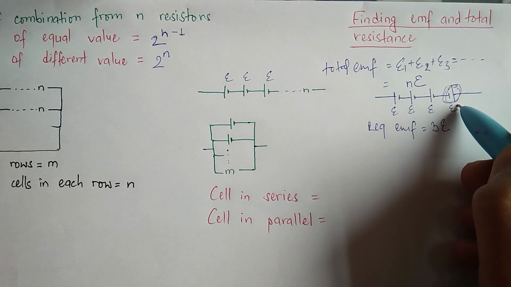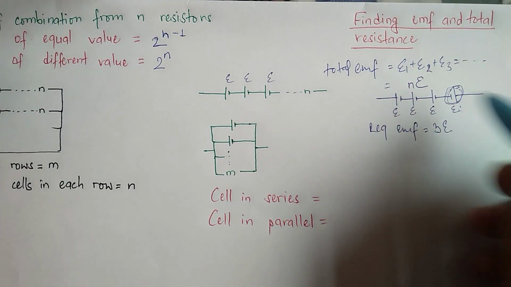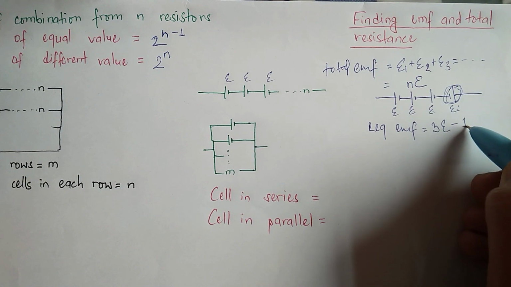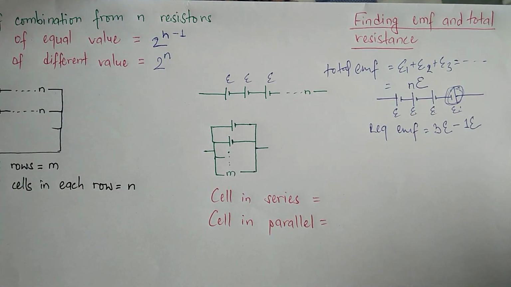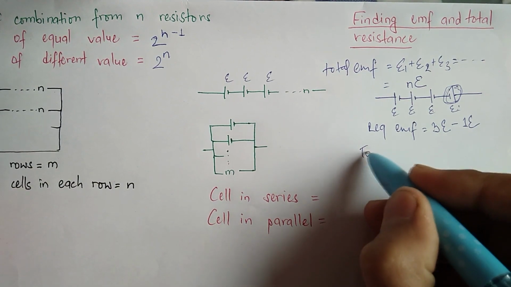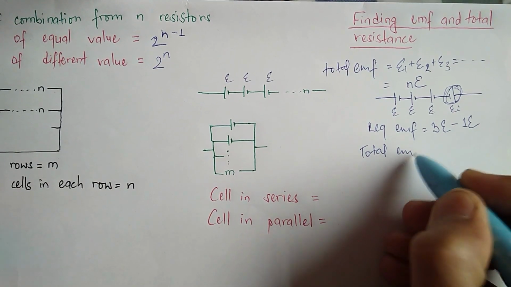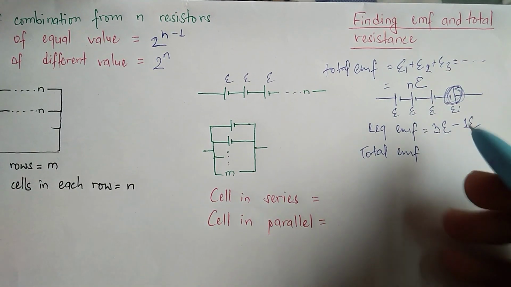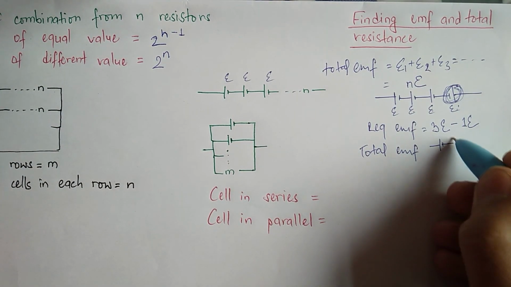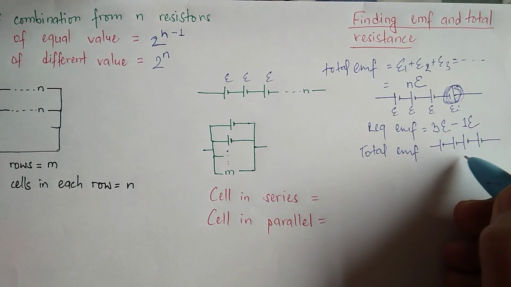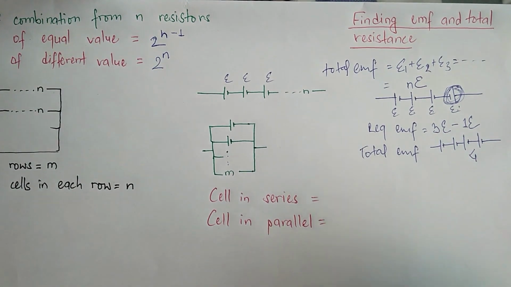We cannot add this, but it will get subtracted, so minus 1E. Well, in the question you are given the total EMF before it was changed, it is 1 2 3 4, then it will be 4E.